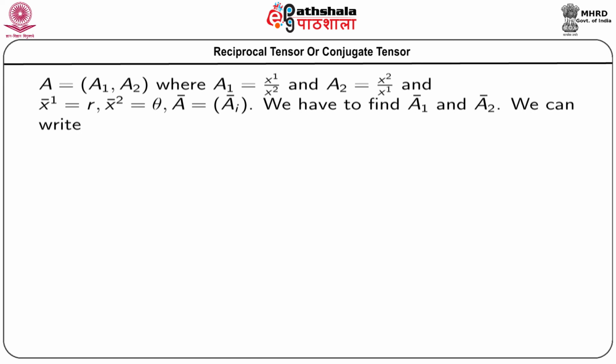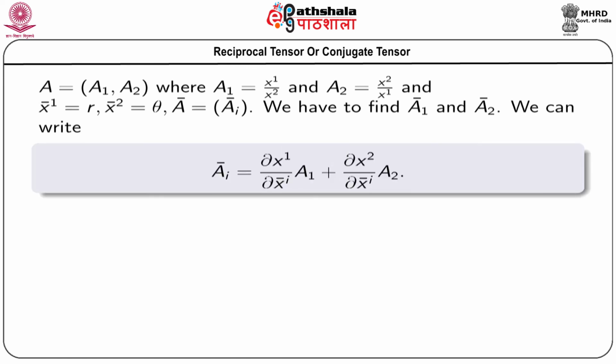Now, we have to find the components a-bar1 and a-bar2. So, we can write a-bar_i as (del x1 / del x-bar^i) a1 plus (del x2 / del x-bar^i) a2.